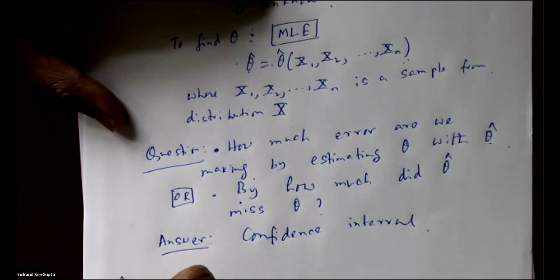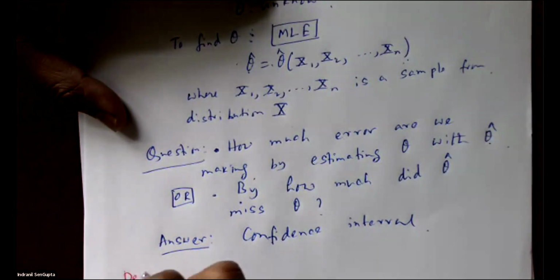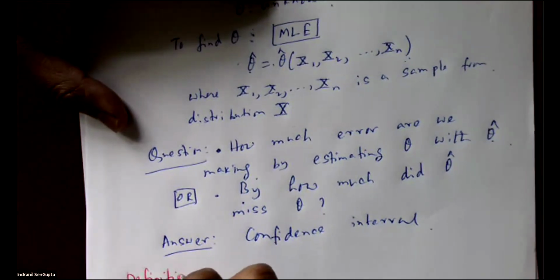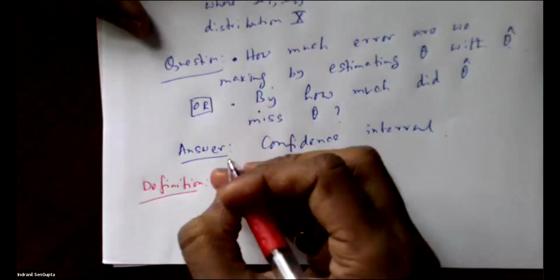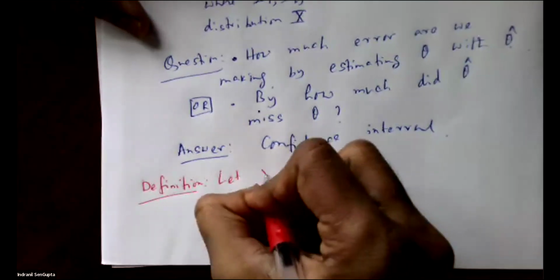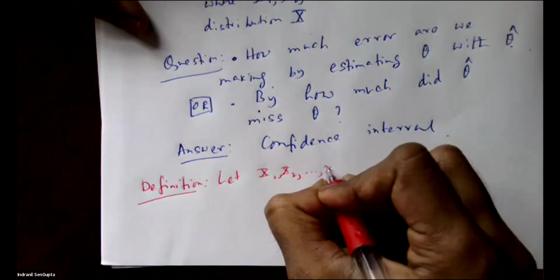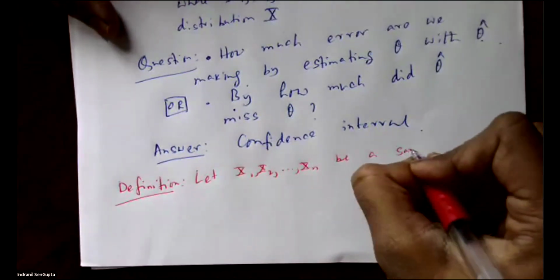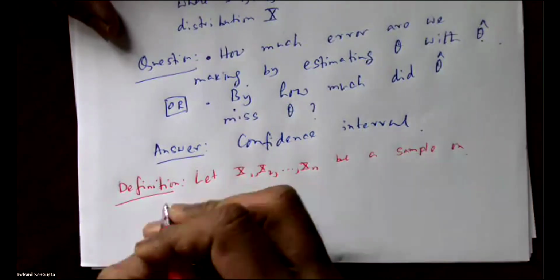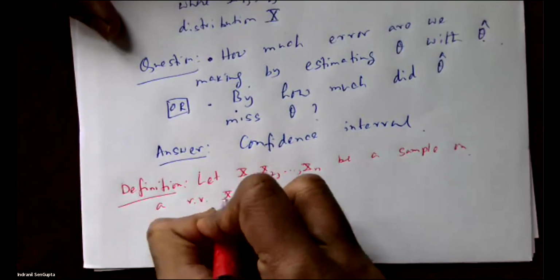Okay, so here's the formal definition of the confidence interval. It's a mathematical definition. Let x1, x2, ..., xn be a sample on a random variable x. What does it mean?